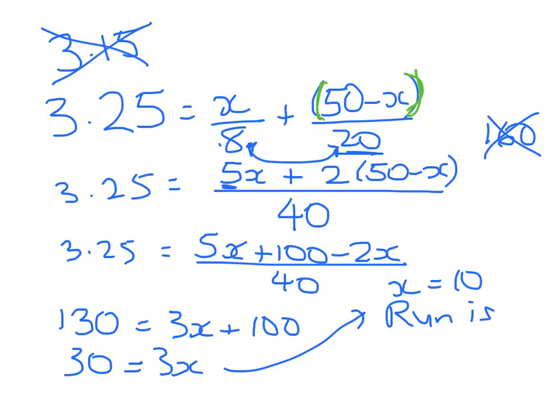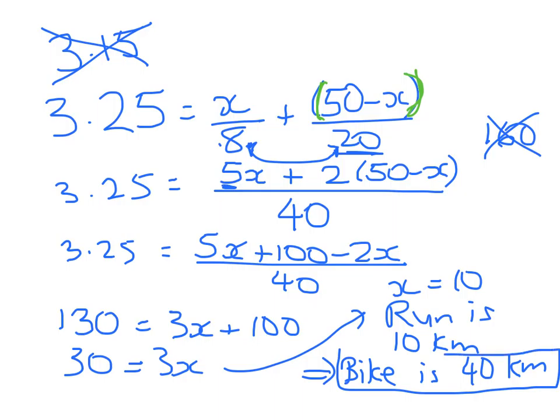Run is 10 kilometres, therefore bike is 40 kilometres. And we can check back in that that works. You can do that quite easily, just about do it in your head. If the bike is 40k, it's going to take 2 hours. And if the run is 10 kilometres, it's going to take 1¼ hours. So that all works out.